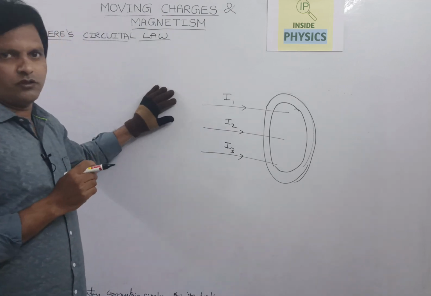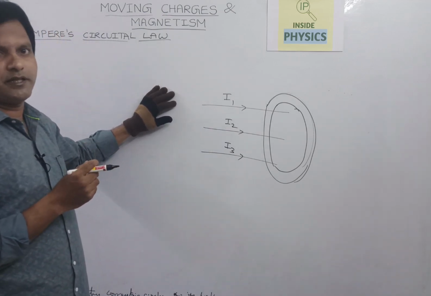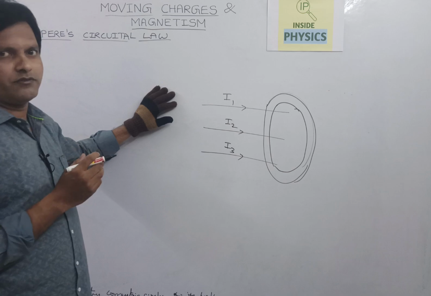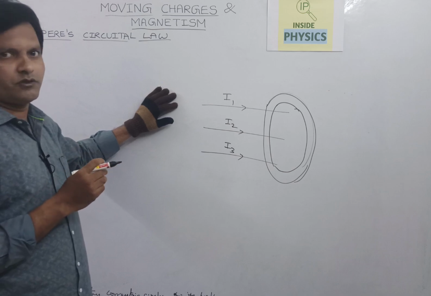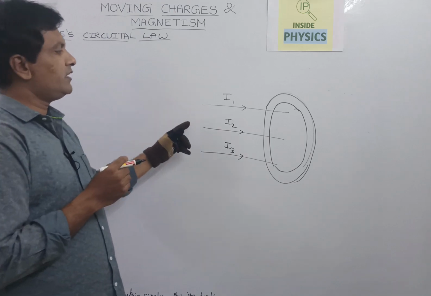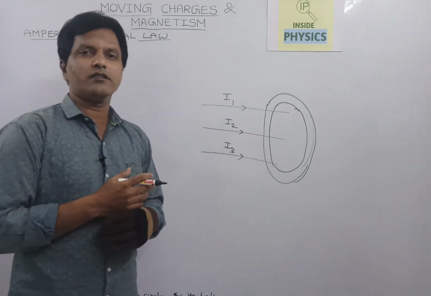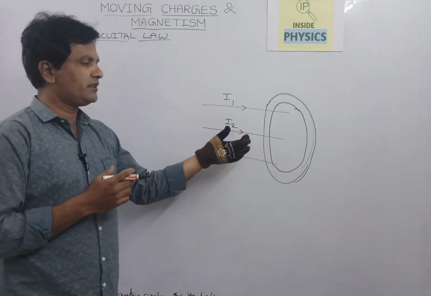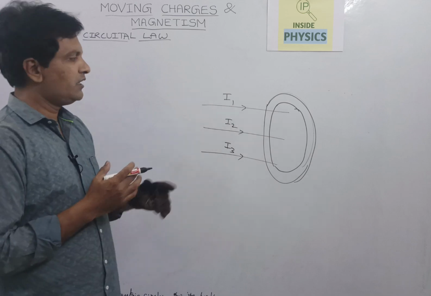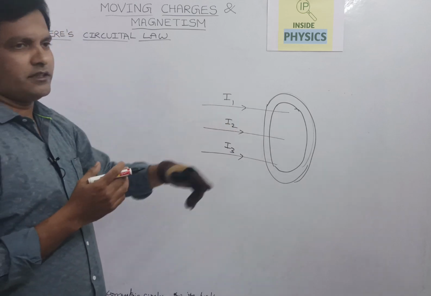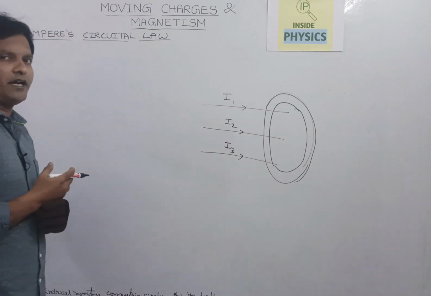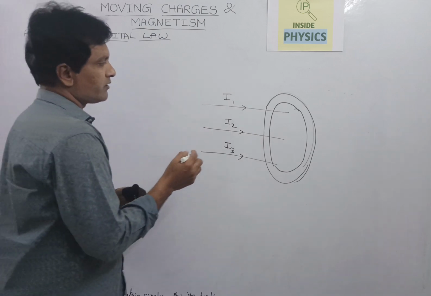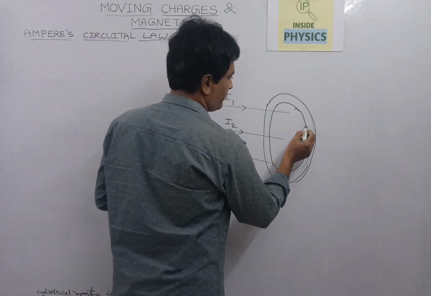We know from Oersted's experiment, in the beginning of the connection between electricity and magnetism, that every current carrying conductor produces a magnetic field around it in concentric circles, with the conductor passing through the center along its axis. So here we consider a small element.